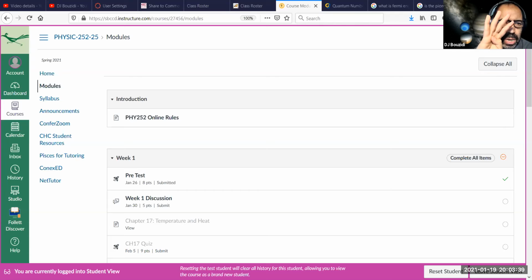Each exam will have 4 problems. And typically they're from the homework set or from the discussions. So whatever we do in the homework is a review for the exam. Whatever problems I discuss in the discussions are also a review for the exam. So when exam time comes, you need to review those things.